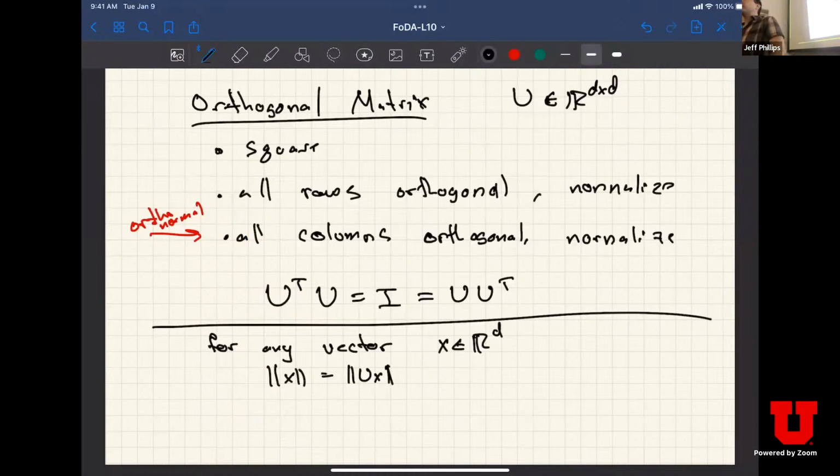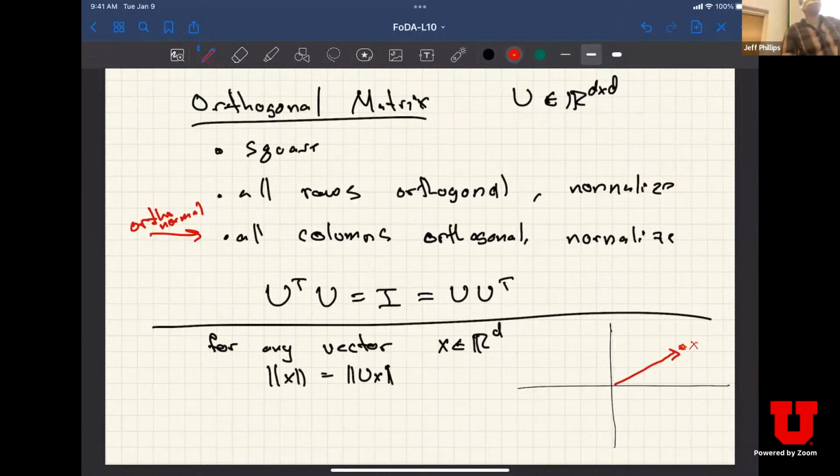So if I take a vector and look at its length, the distance from the origin, and I multiply it by an orthogonal matrix, I'm not changing its length. One useful way of thinking about this: I've got a vector x here, and I'm multiplying it by an orthogonal matrix.